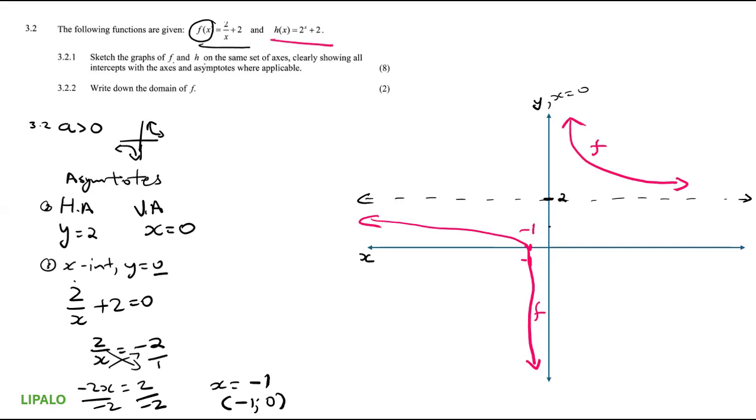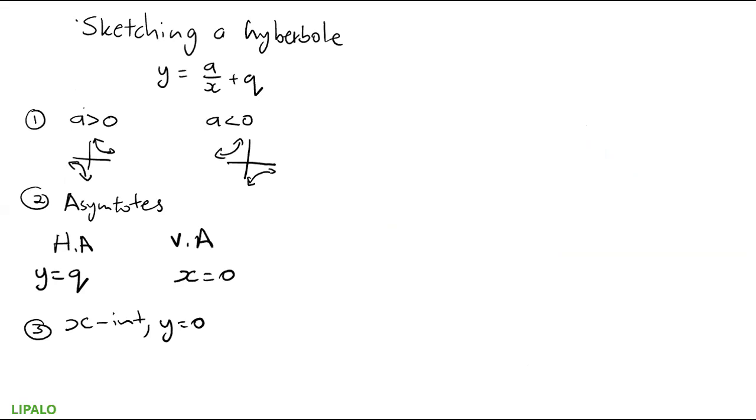Now let us get to h of x. H of x is an exponential function, of course. What are the key things to sketching the exponential? Now let's look at the exponential function: y is equal to a times b exponent x plus q. Always be considering that b carries the exponent, always, not a.